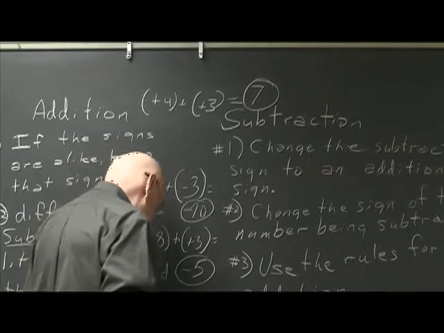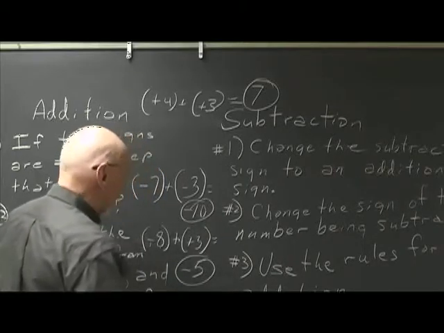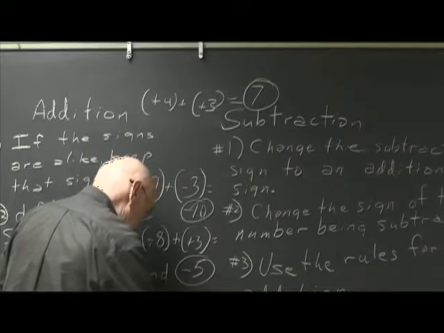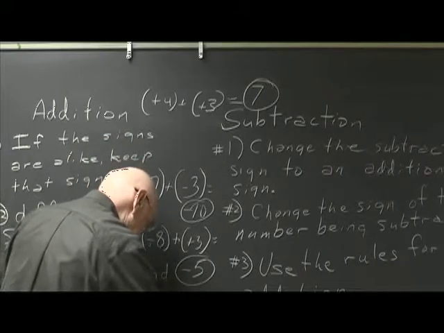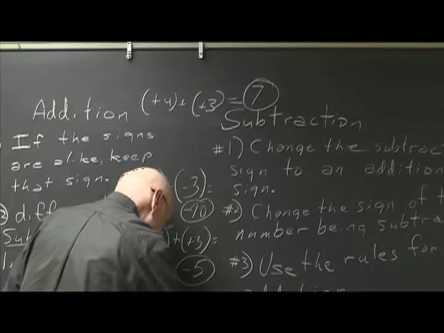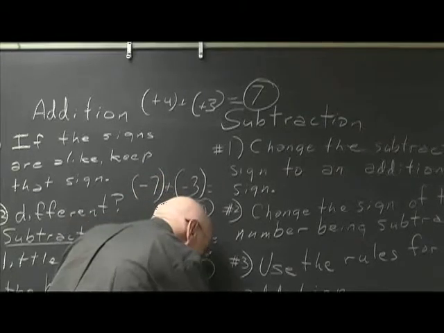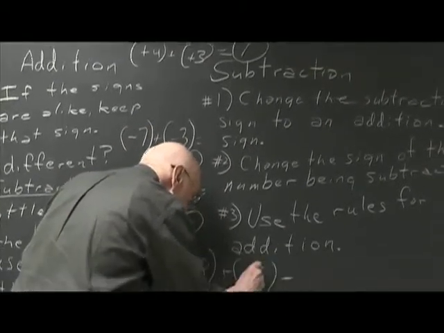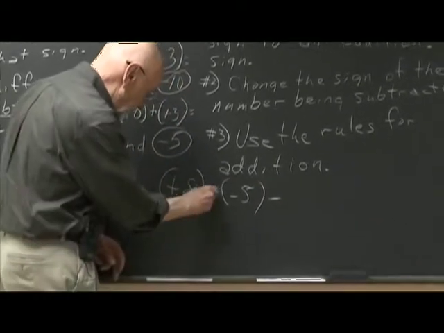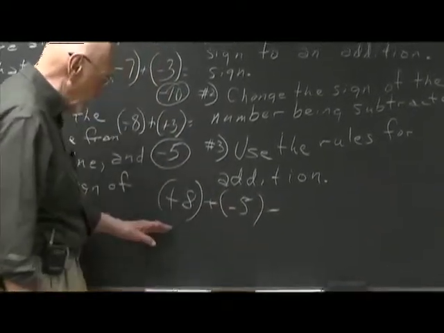And here's a second example of when the signs are not alike. Positive 8 plus negative 5 equals what?